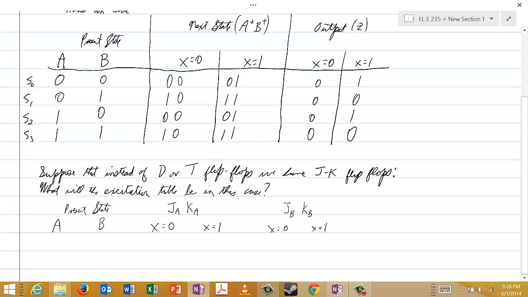Now, of course, JA and KA are the JK inputs to the JK flip-flop whose output is A, and JB and KB are the JK inputs for the JK flip-flop whose output is B. And then we'll have the output Z for both x equals 0 and x equals 1.